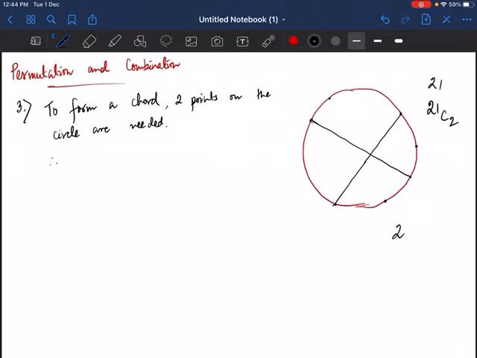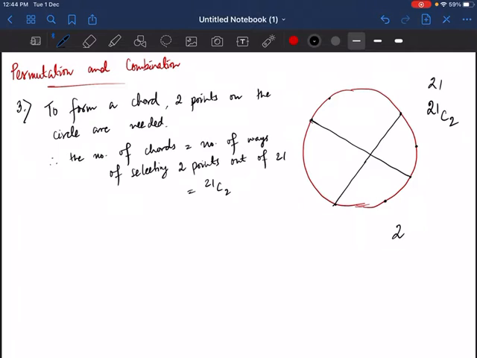Therefore the number of chords is equal to the number of ways of selecting 2 points out of 21. So that is equal to 21C2. That will be my answer.